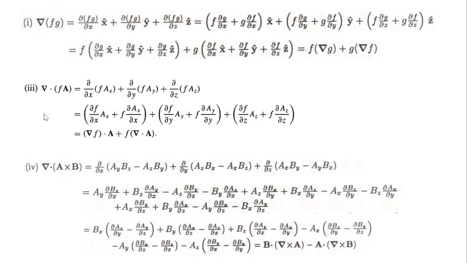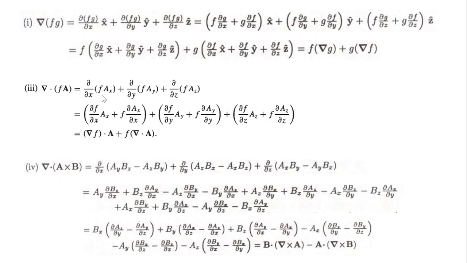Coming to product rule 3, del dot f into a, where f is a scalar. So once again, you can expand the del operator and expand a in terms of its components ax, ay and az. You know how to do the dot product. You need to take the product of similar terms.